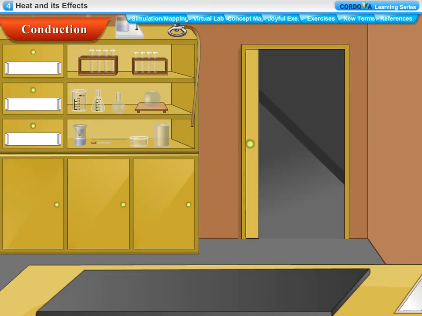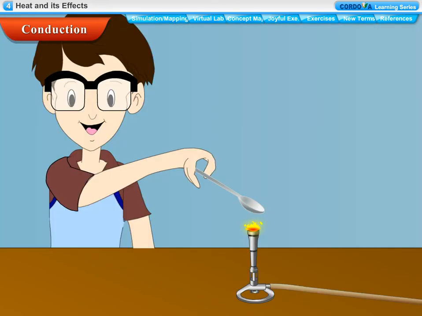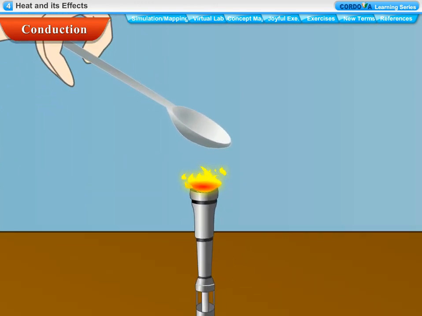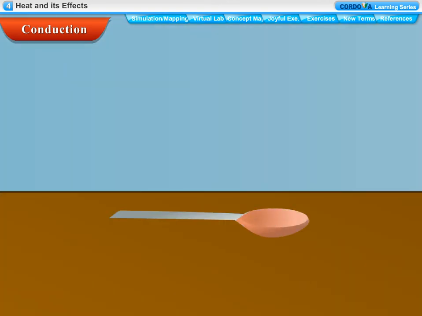Conduction. If we heat one end of a steel spoon by keeping it over a gas burner, we find that its other end also becomes hot after a while. In this case, heat is transferred from the hot end of spoon to its cold end by conduction.